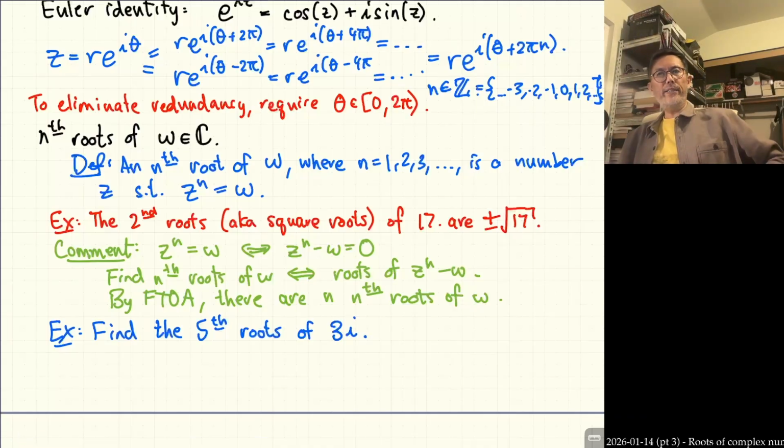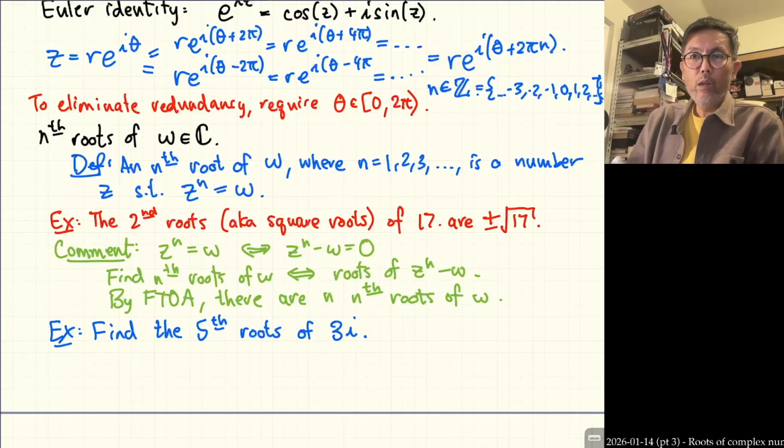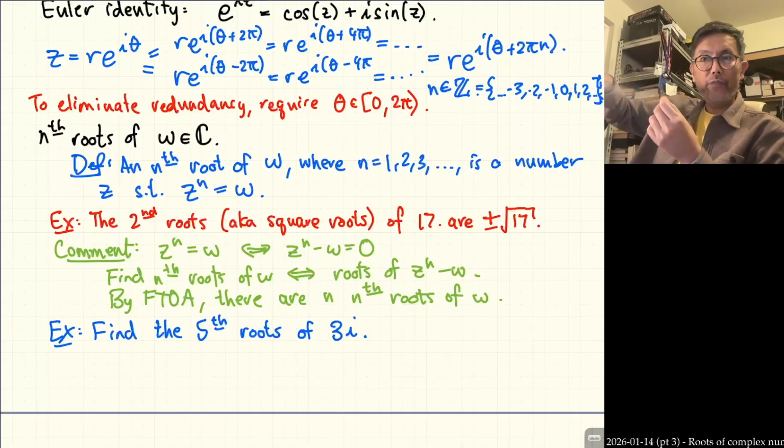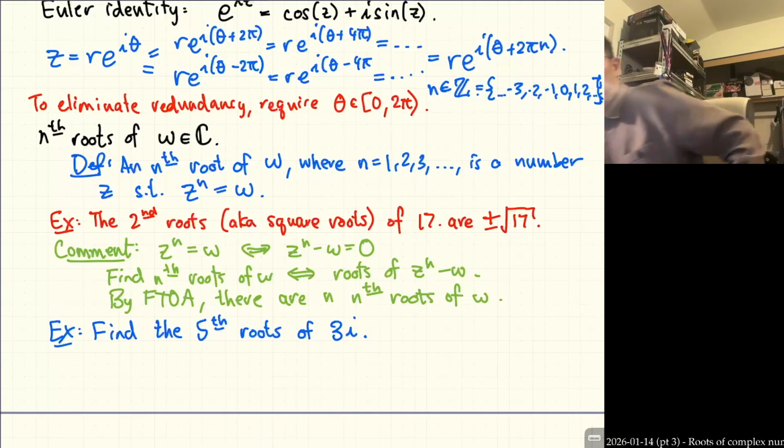Okay, so 3i is a complex number. I want to find all numbers z, which when raised to the fifth power, so z to the fifth, is equal to 3i. That's what I'm trying to do here. If you like, I'm trying to find the roots of the polynomial z to the fifth minus 3i. Yeah, the degree 5 polynomial.